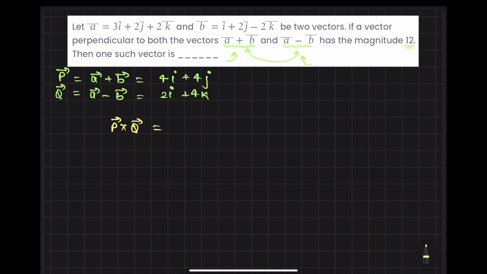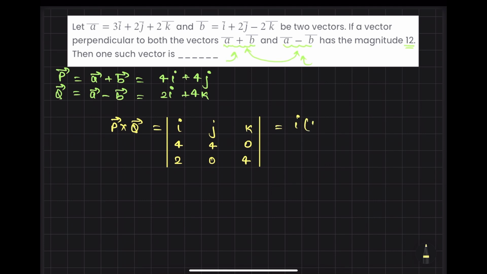So if you go with P cross Q, you should write i, j, k first, then 4, 4, 0, then 2, 0, 4. Here you will have a vector P cross Q. Now let's expand this one.